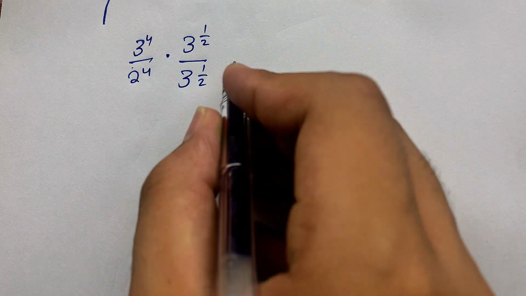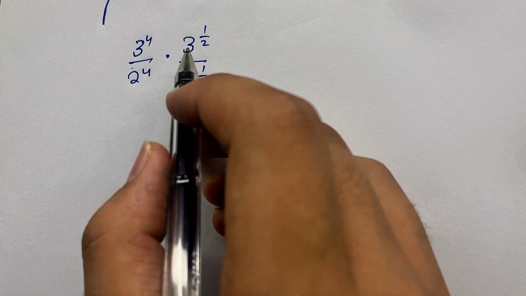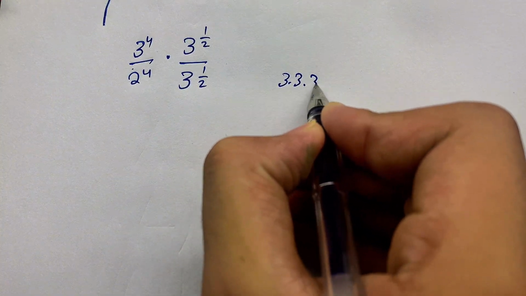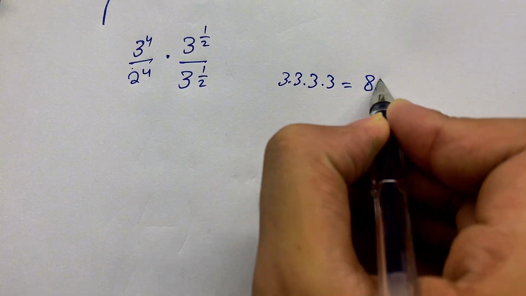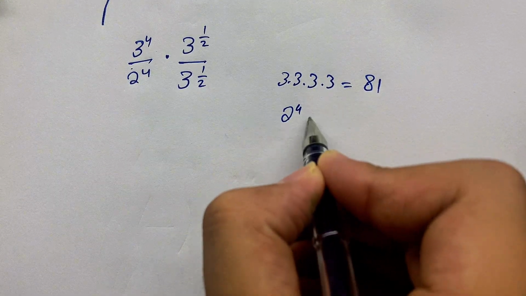So after this, as we know that 3^4 is also equal to 3 times 3 times 3 times 3, which is equal to 81.